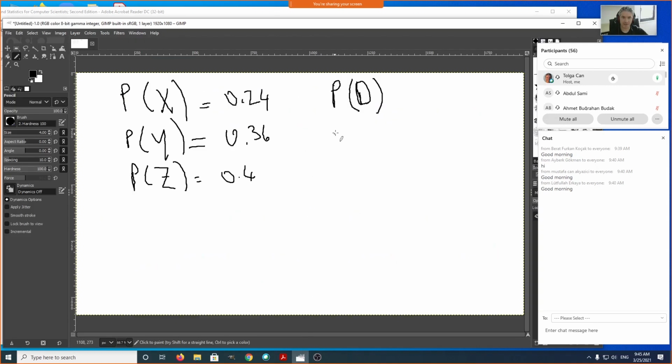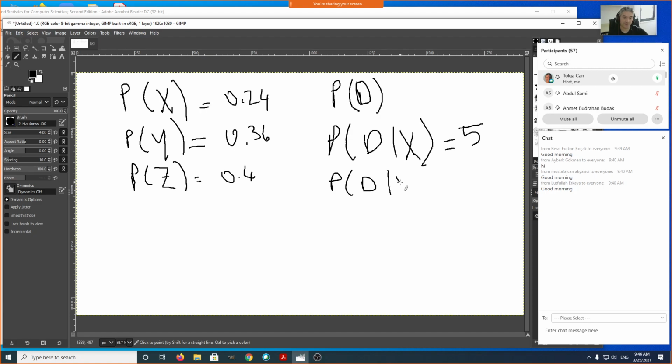Now, we are given the statement that 5% of the parts supplied by X are defective. It means that if you're given that the supplier is X, the probability that the part is going to be defective is 0.05. So we are given this conditional probability.